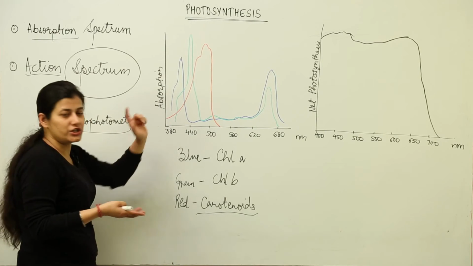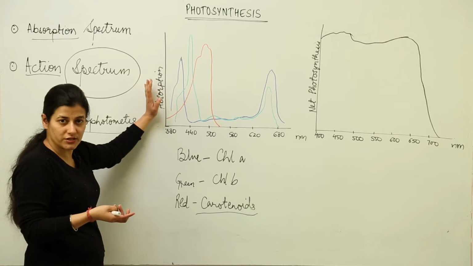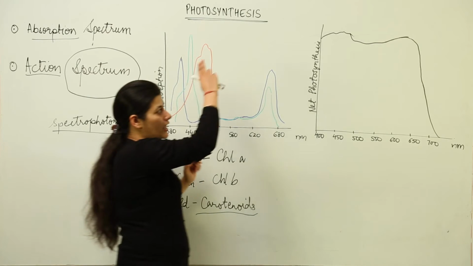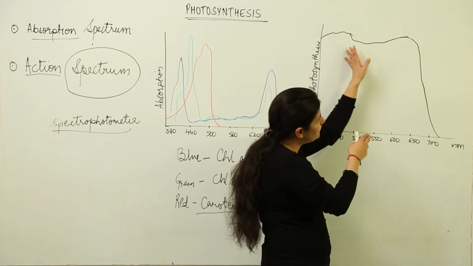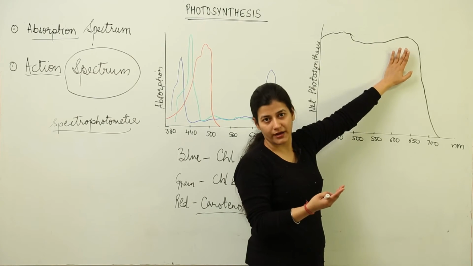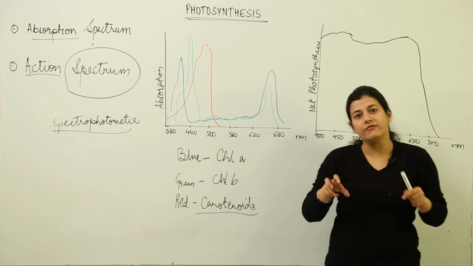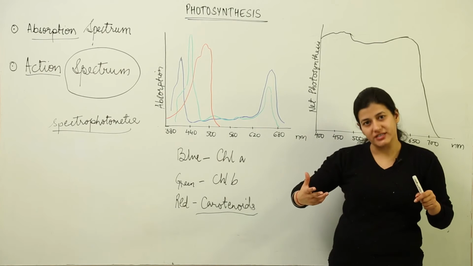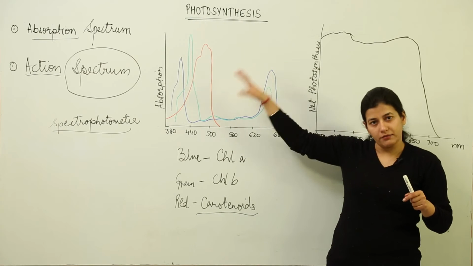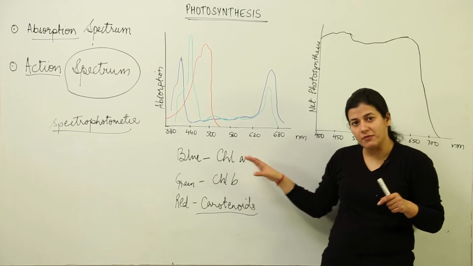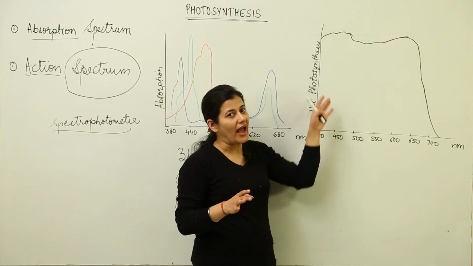So the action spectrum, contrary to the absorption spectrum, shows the rate of photosynthesis depicted in a relative manner. While the absorption spectrum was a representation of the wavelengths absorbed by different substances, which we take to be pigments, the action spectrum is the activity.